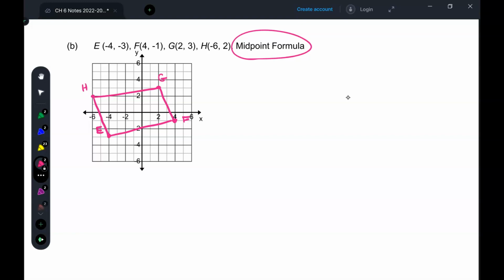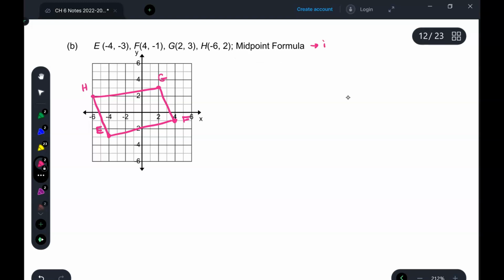Midpoint formula. How would I use midpoint formula to see if it's a parallelogram? What do we know about the diagonals? The diagonals have to bisect each other. So if the midpoint of the diagonals are the same, then you have a parallelogram.